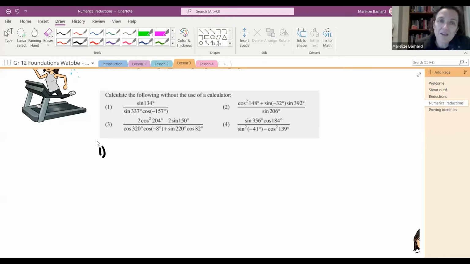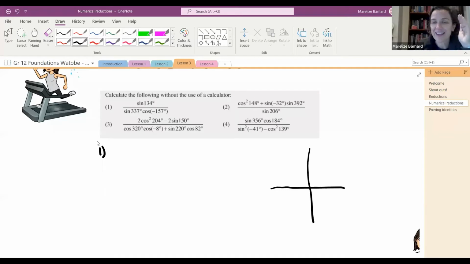Let's see. Sine of 134. Now, 134 is in the second quadrant. So that's always our thought process. We identify, first of all, what quadrant the angle is in. So 134, and I'm going to draw the Cartesian plane very wobbly over here.